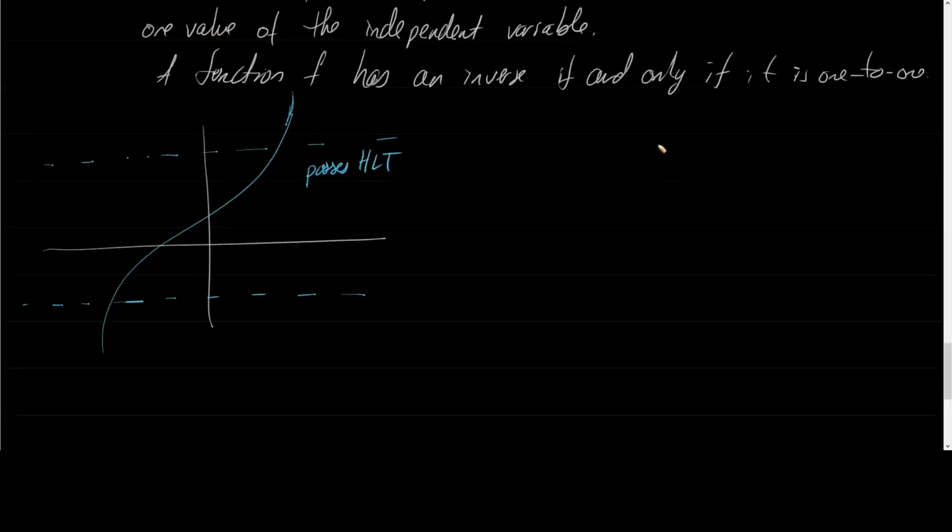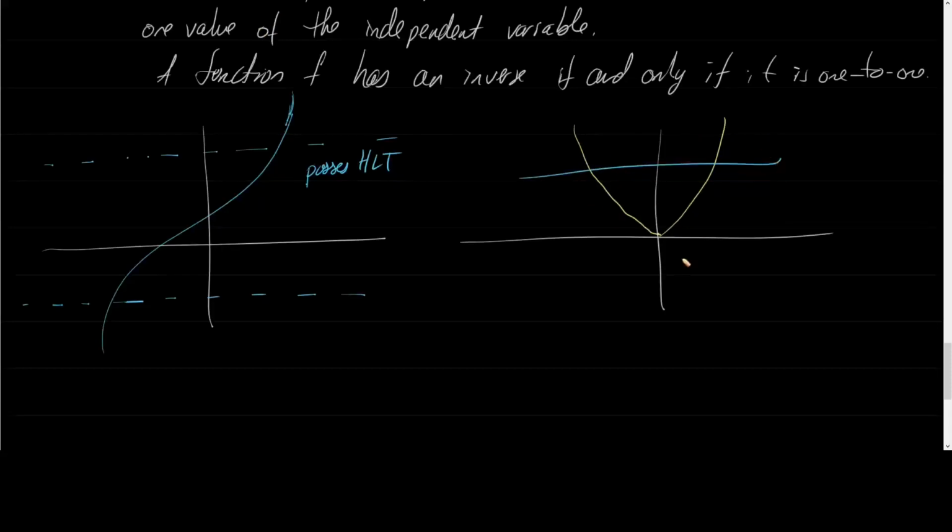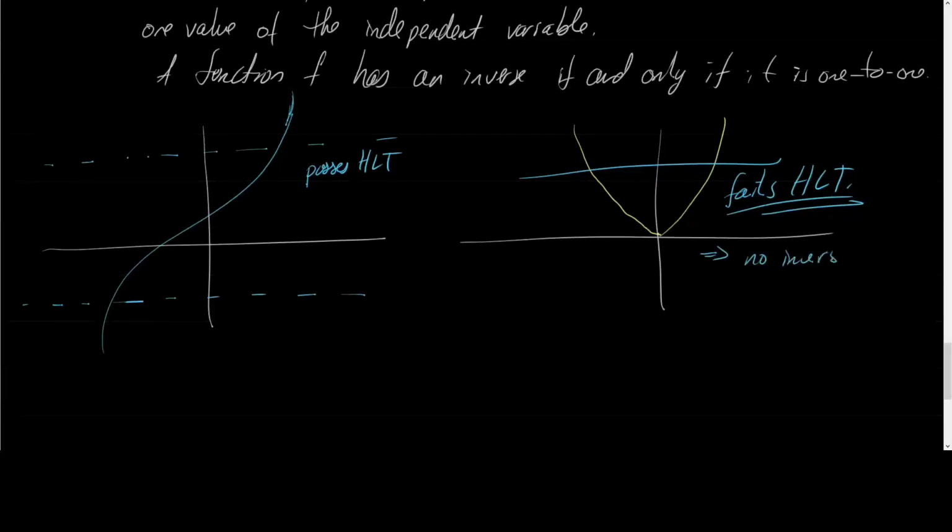Let's look at a different kind of function. Let's say that I had this function, right? So this is a quadratic function. This fails the horizontal line test, right? So this fails the horizontal line test, which tells us it has no inverse, because it fails the horizontal line test.